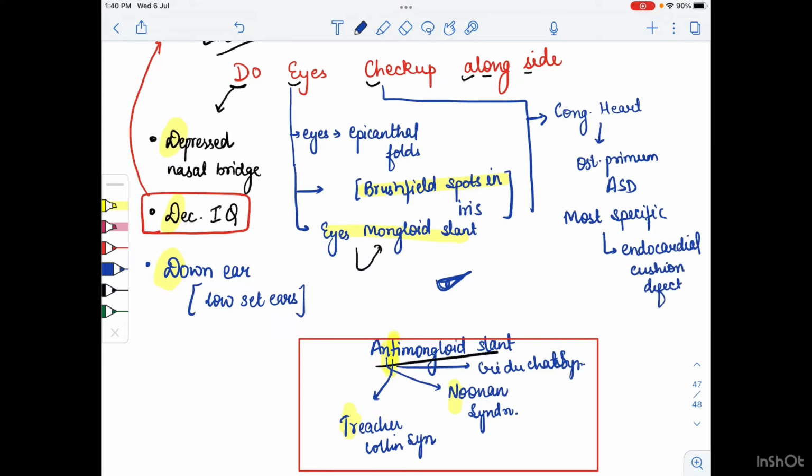So in this we have to remember that most specific is the endocardial cushion defect and most common is the ostium primum atrial septal defect or ventricular septal defect.